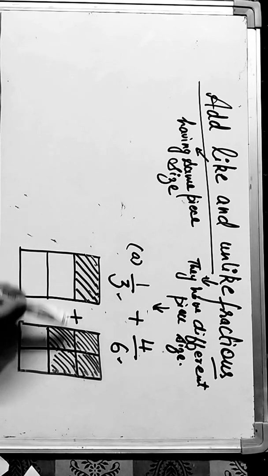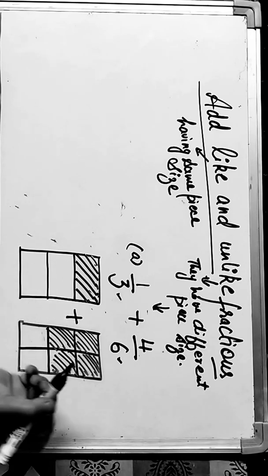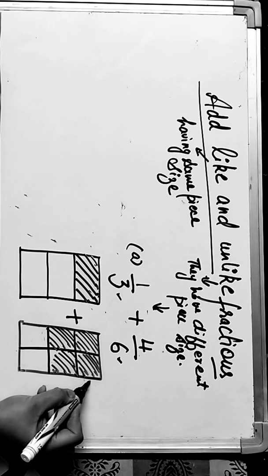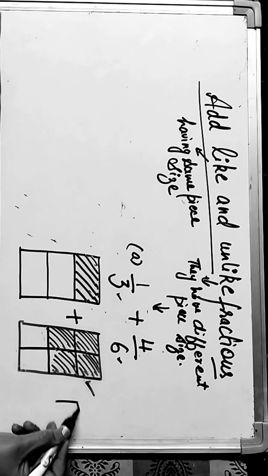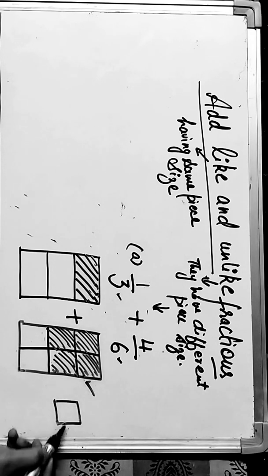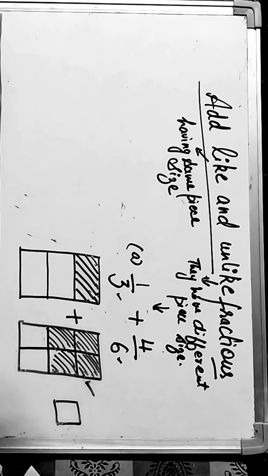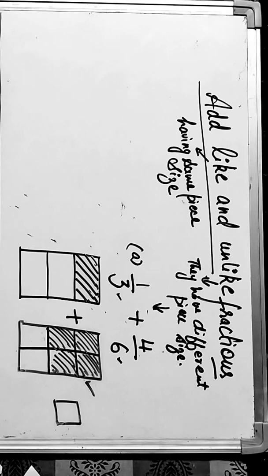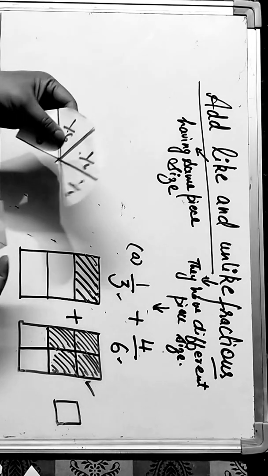Can we join this to this? But if we have a box of 6th piece size and we have to keep them together in this piece size, what do we need to do? We need to make them equal. How? We know 1/3, if I write it, look, this is 6th.